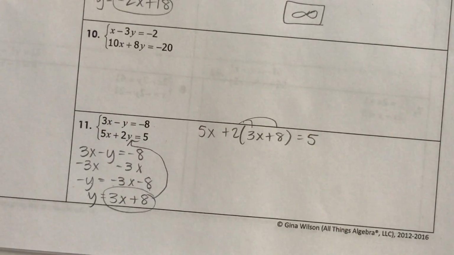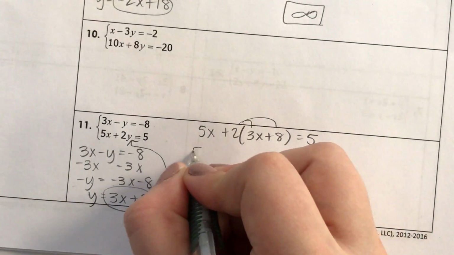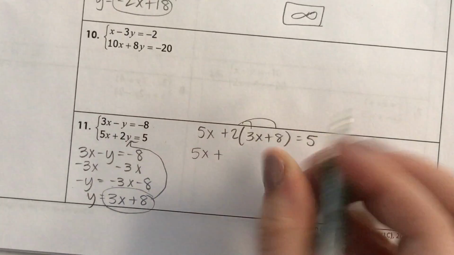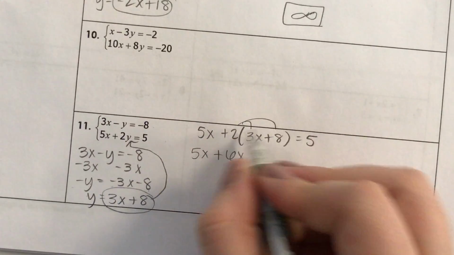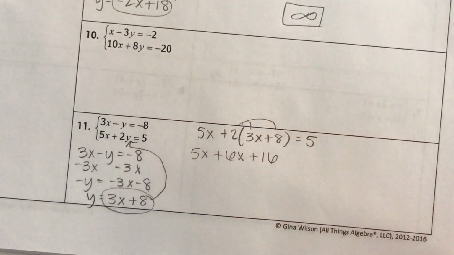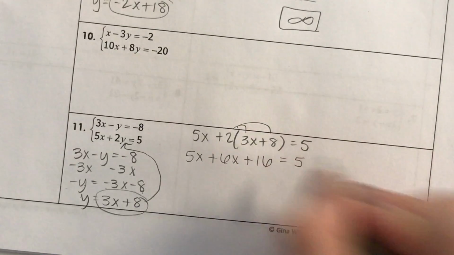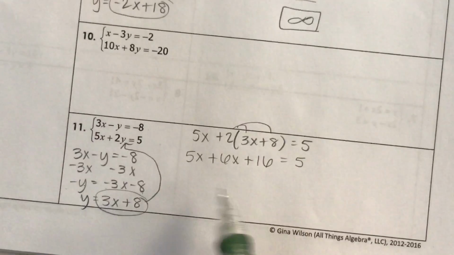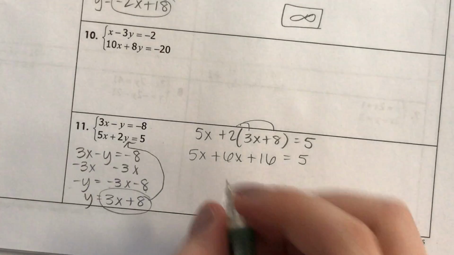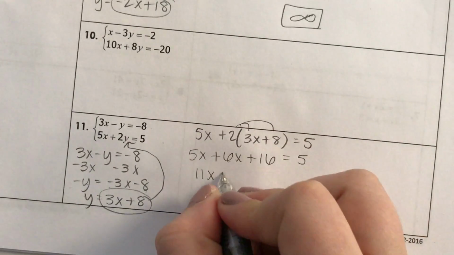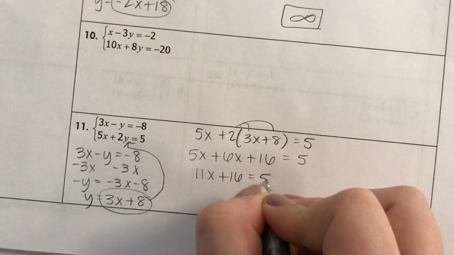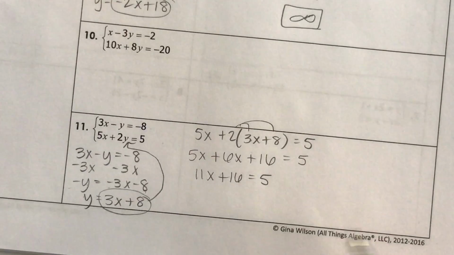Distribute. 5x plus 2 times 3x is 6x. 2 times 8 is 16. Equals 5. Combine your like terms. 5x and 6x make 11x. Okay.